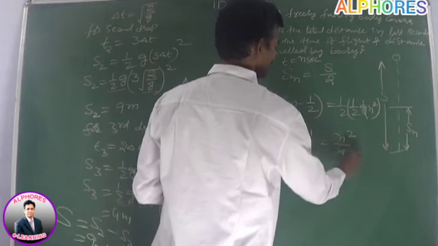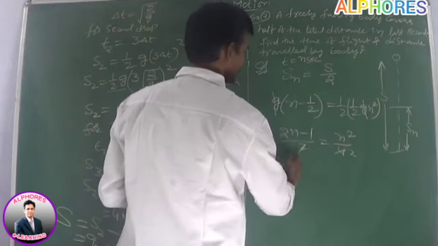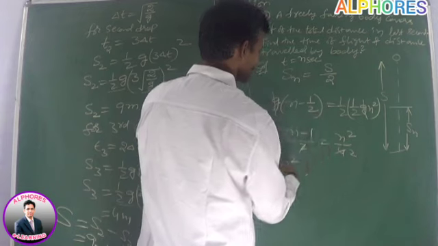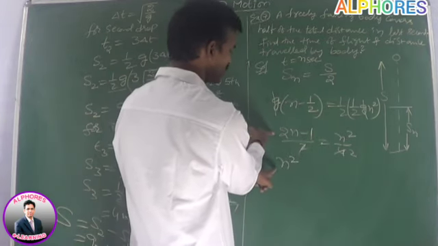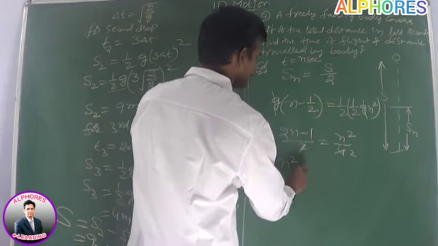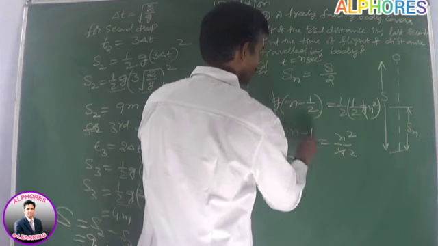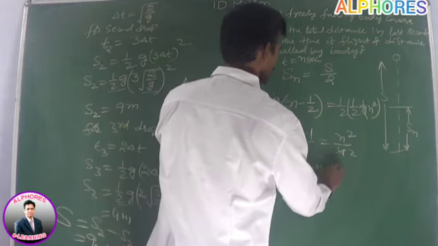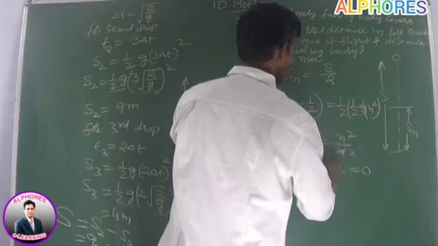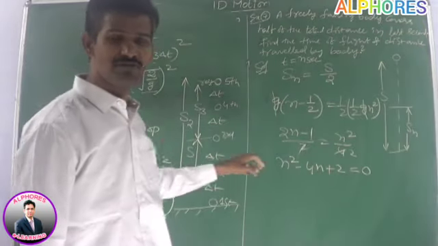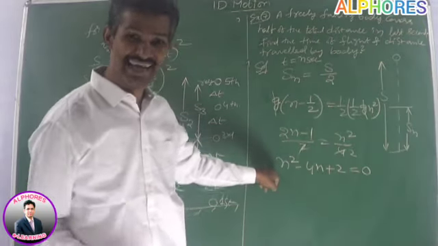This 2 gets cancelled. You can get an equation: n square. On multiplying these two on the left side, you can get n square minus 4n plus 2 is equal to 0. It is a quadratic equation. On solving, you will get n.